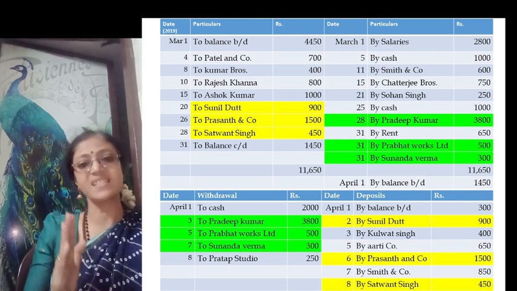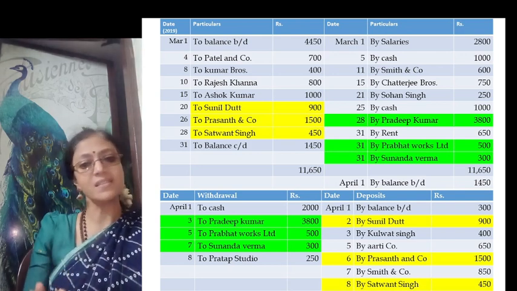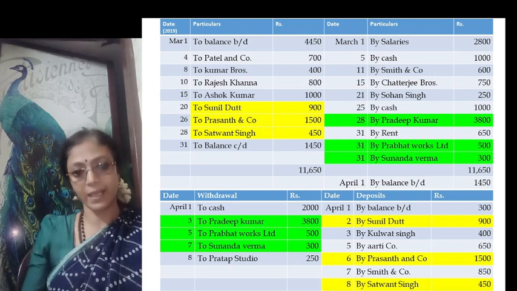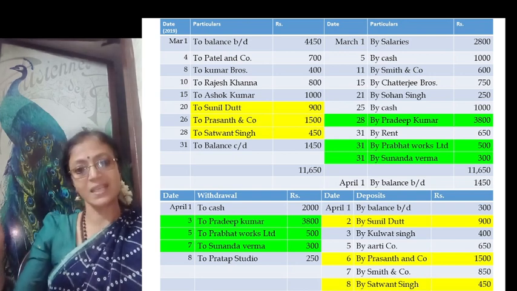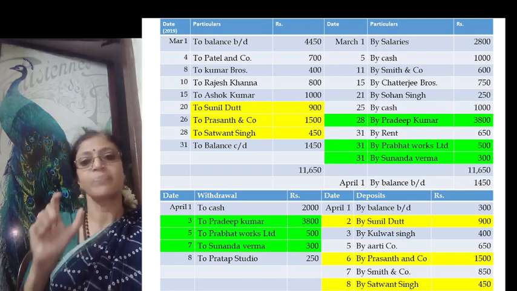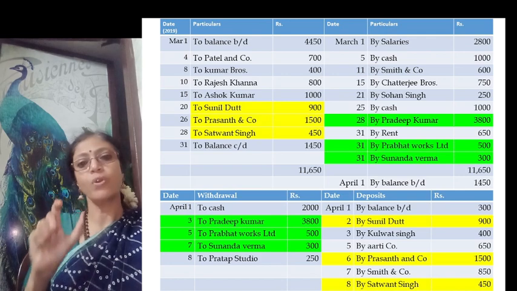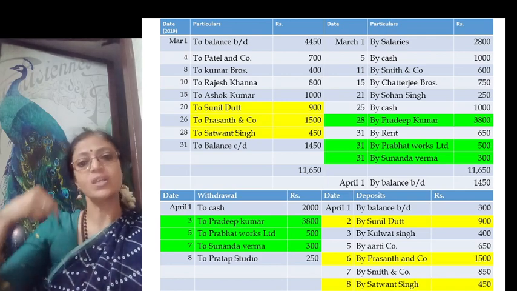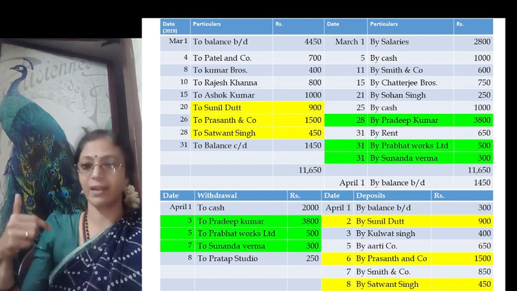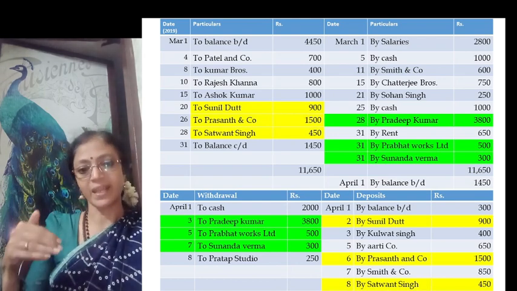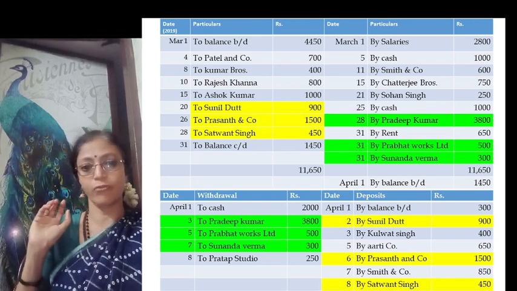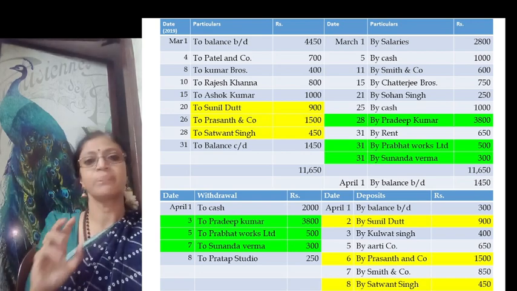This makes it very clear that these amounts were realized only in the month of April, on 2nd, 6th, and 8th. So, as on 31st of March, your cash book would have had an additional amount pertaining to 900, 1500, and 450. Therefore, these amounts will have to be subtracted from the cash book balance.